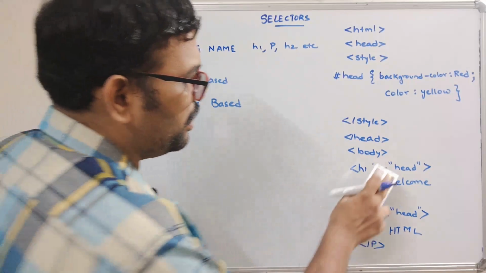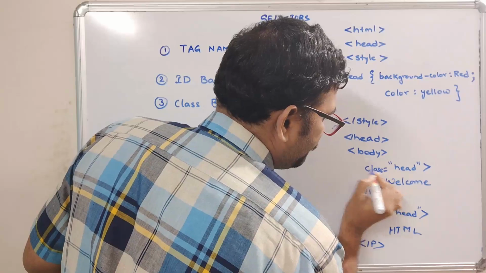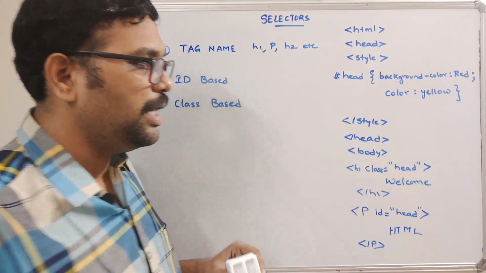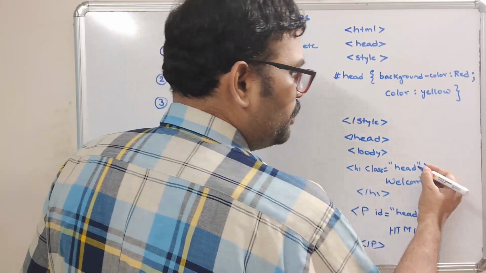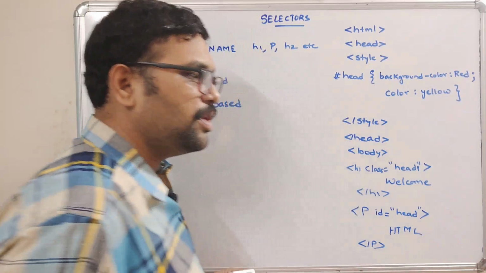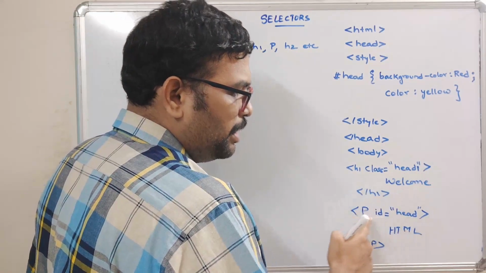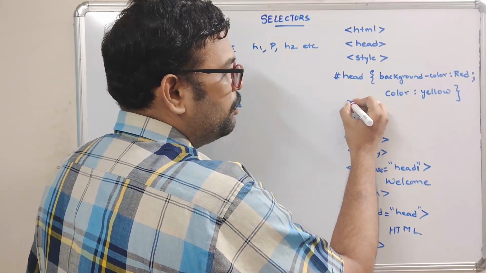So similarly here, instead of giving ID, go with the class. So h1 class head, P ID head. Here go with one more thing, head1. So h1 class head1, welcome. P ID head, HTML.